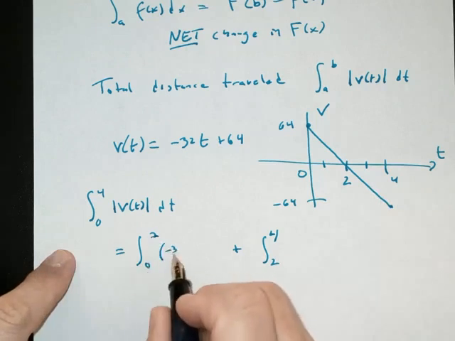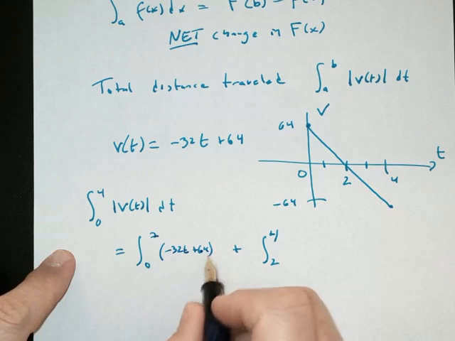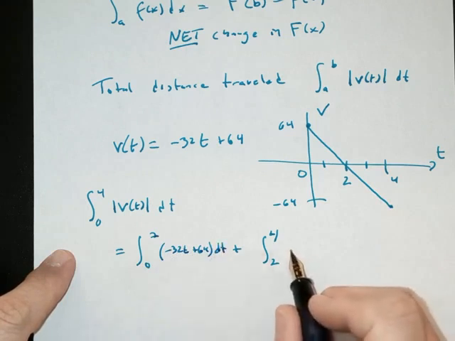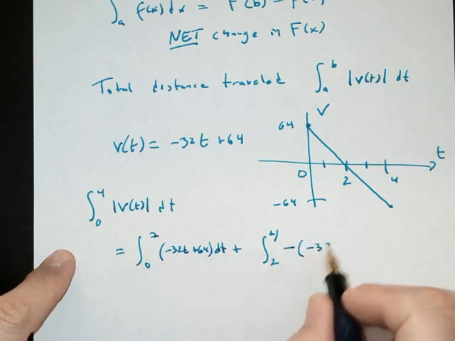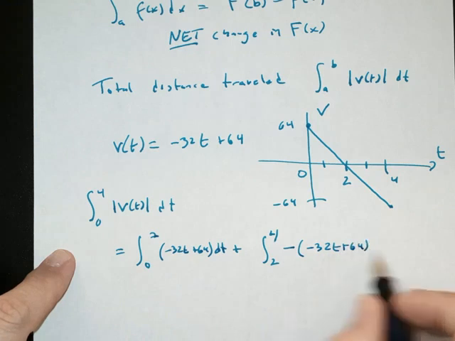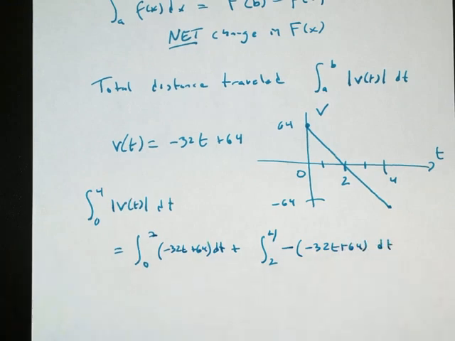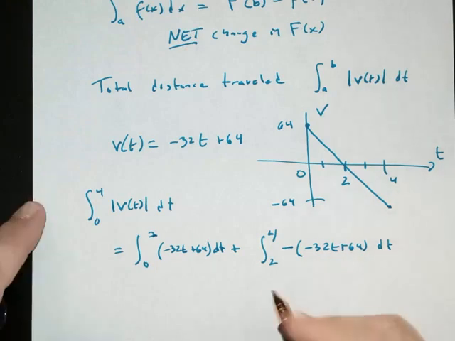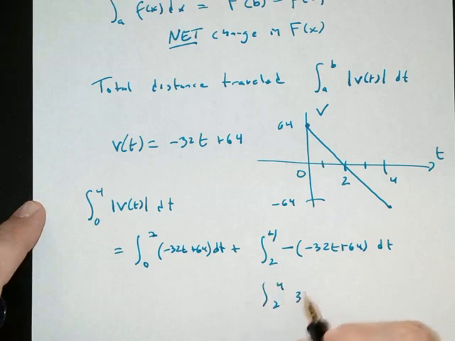The function is negative 32 plus 4. But here, the function is the opposite. Now that actually just means that I can write this as the integral from 2 to 4 of 32t minus 4t.